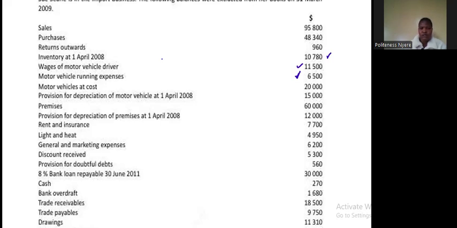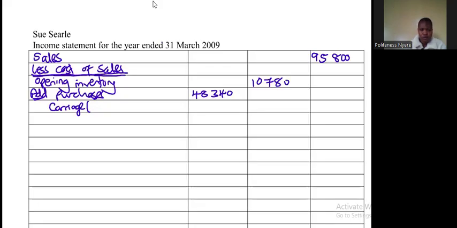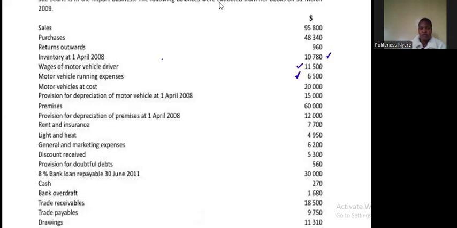So let's just go and say 20% times 11,500 plus our 6,500. We close the bracket, and then we also want to incorporate depreciation because the vehicles are supposed to be depreciated. So let's go to our additional information.